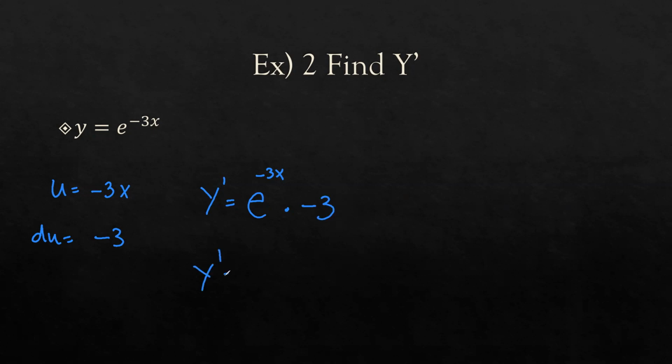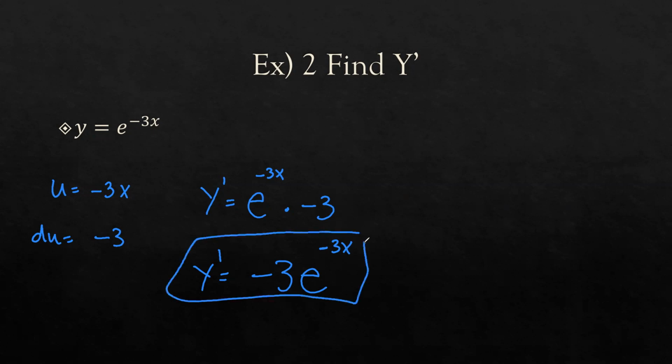Your final answer can be expressed as negative 3e to the negative 3x. Go ahead and copy that down, and then we'll move on to example 3.